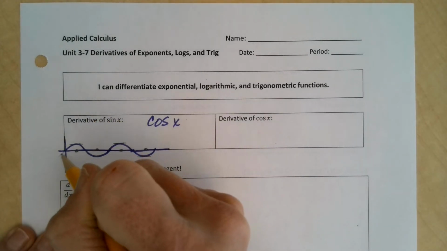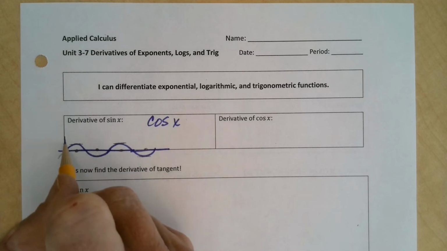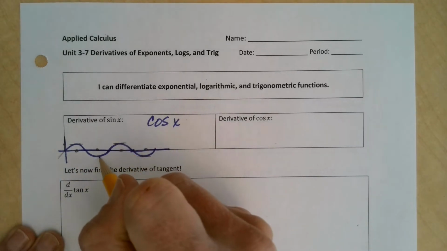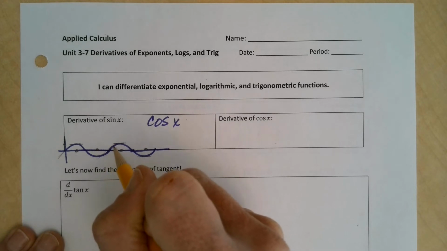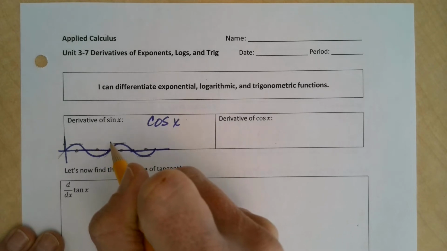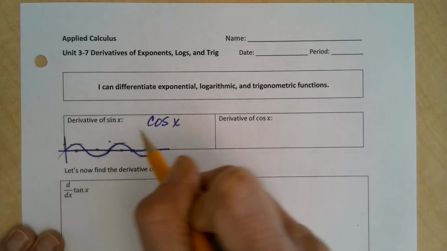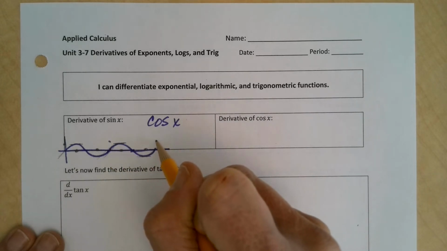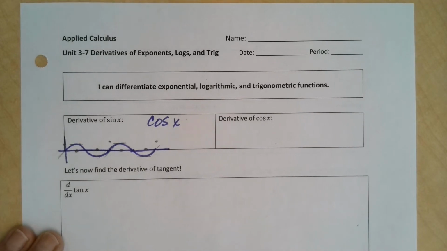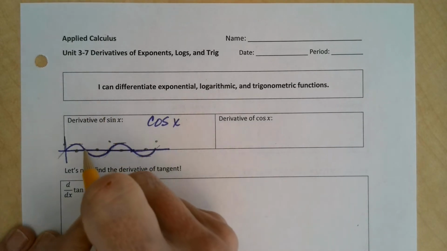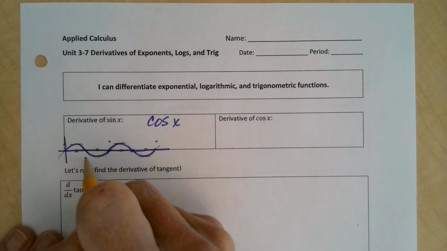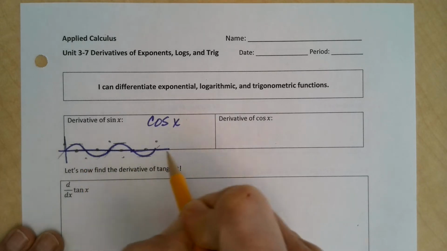Here, where my slope is high at 1, go ahead, give yourself high at 1. So every place that your slope is coming back up, your derivative is 1. Every place that your slope is coming down, it's negative 1.